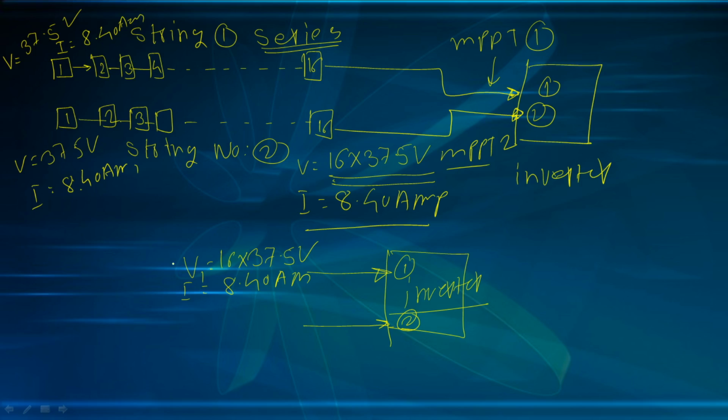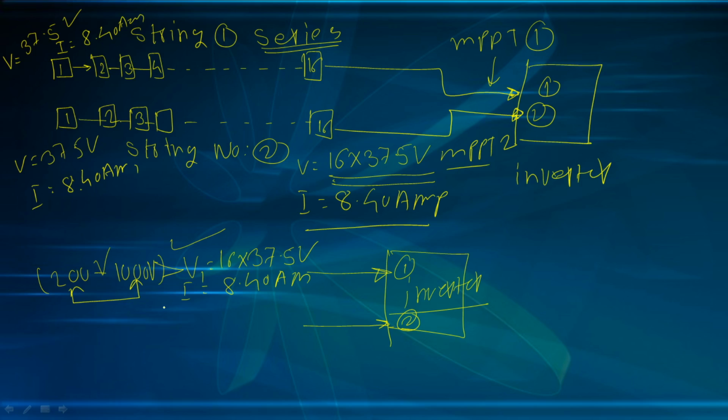This individual voltage should be within the acceptability range of this inverter, which is 200 volt up to 1000 volt. Whatever voltage is coming, it is approximately 600 volt. After doing this calculation, the 600 volt lies between the minimum and the maximum range. So we can say this is okay for the connection.